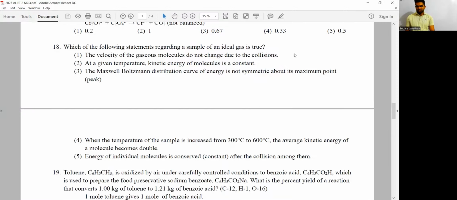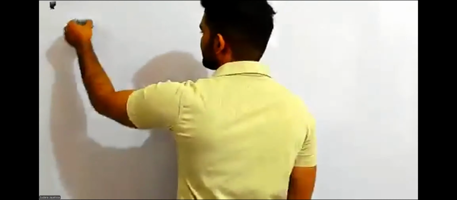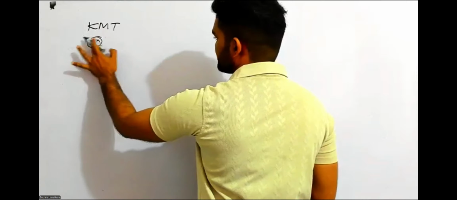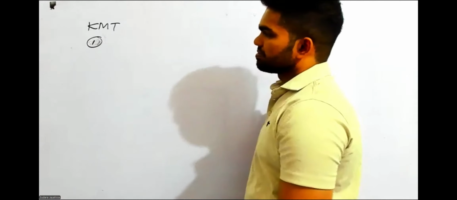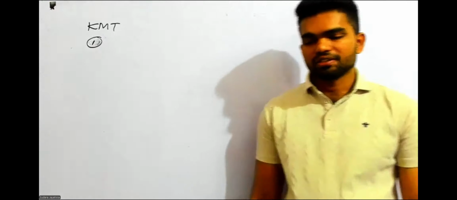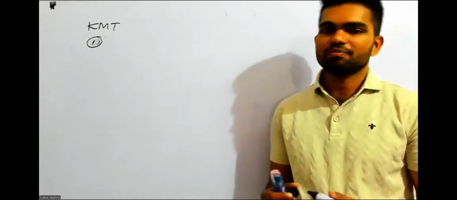So what are the points in the kinetic molecular theory? If we just recall, we memorized this earlier. What is the first point? The first point is about tiny, small, spherical particles.